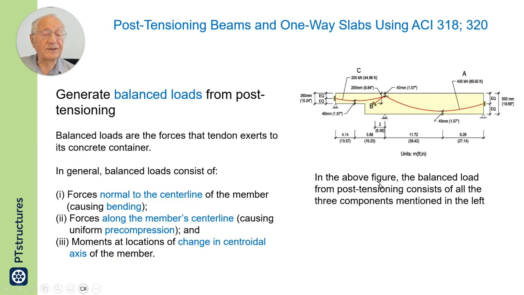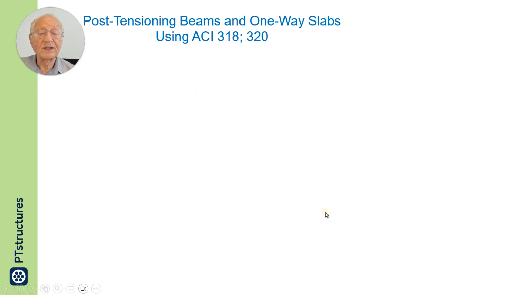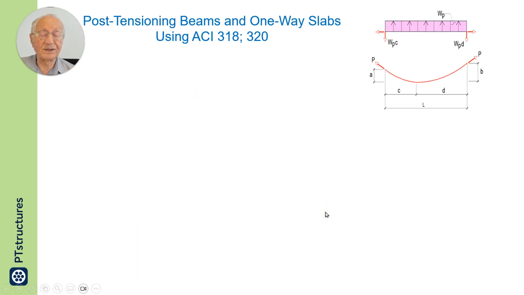In this figure, the balance load from post-tensioning consists of all the three components mentioned here: axial, change in centroidal axis, and extension of tendon terminating somewhere along the length of the span. We have all the three conditions.